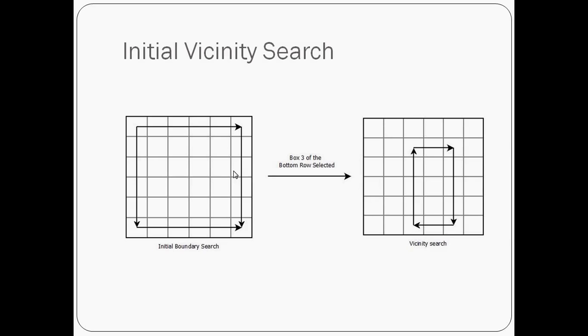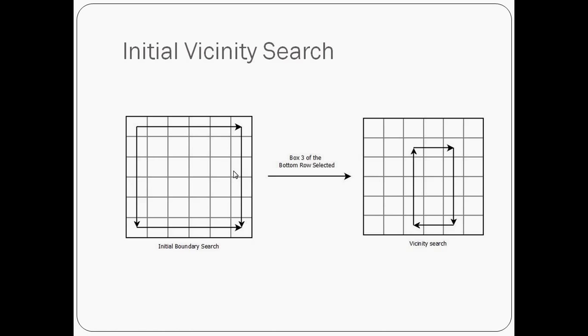So after the search is performed using a correlation measure, a two-dimensional correlation measure is performed, and the block with the maximum, or the shift, because we are shifting the block throughout these rows and columns on the edges, and the shift which produces the maximum correlation is taken as the reference point for the next step of the vicinity search.